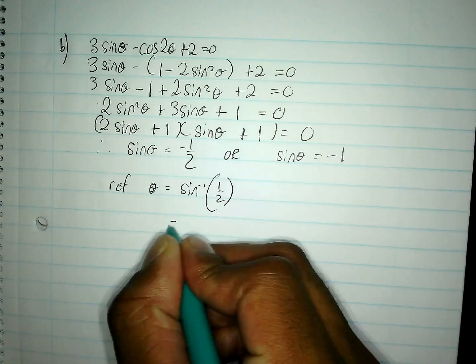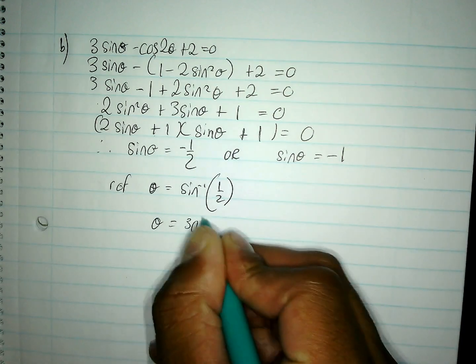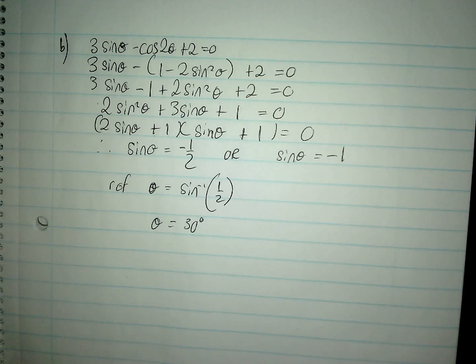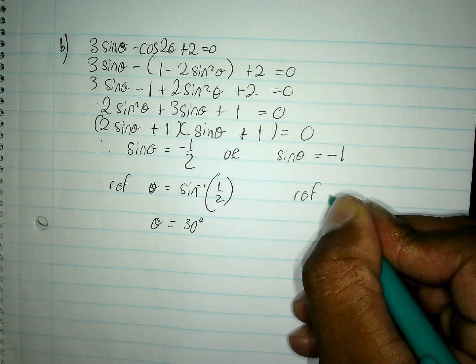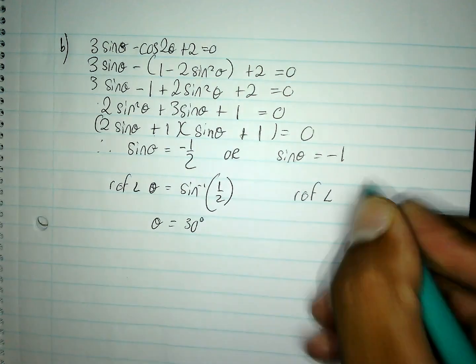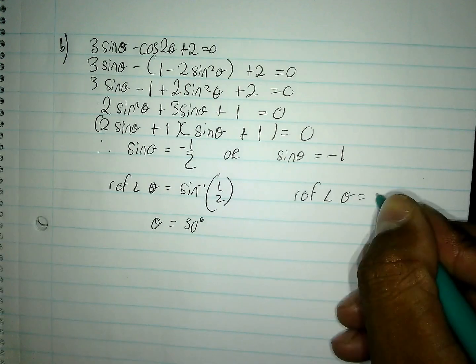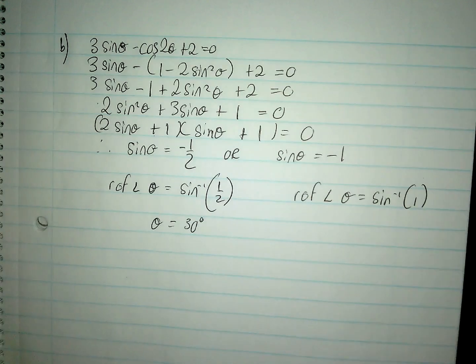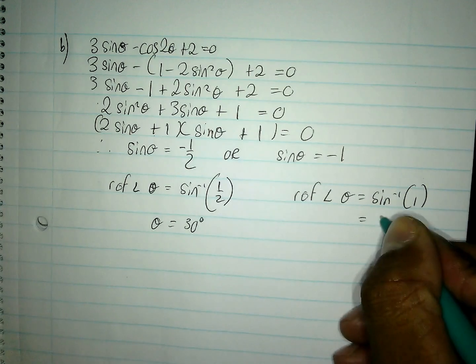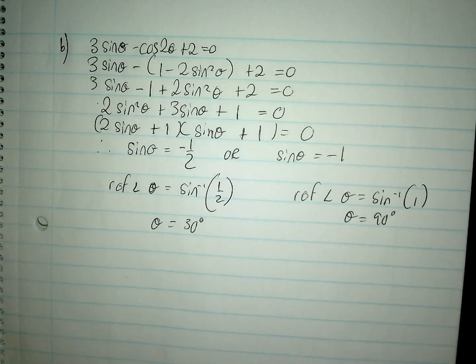So theta is equal to 30 degrees. And for this one, the ref angle is theta is equal to sine, and this is going to be 1. And we know that 1 is 90 degrees.